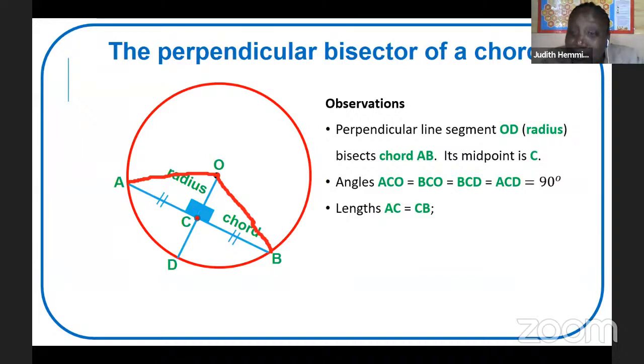And yes, it forms the isosceles triangle. And OA and OB would be what part of the circle? What was the name that we would give to OA? Yes, OA and OB, radius for one, radii for two.